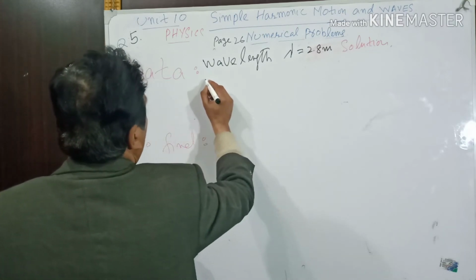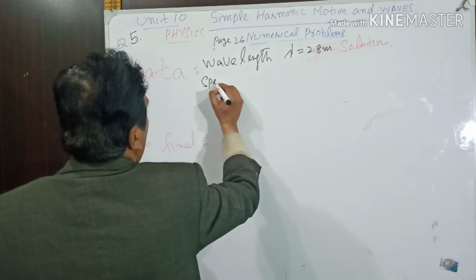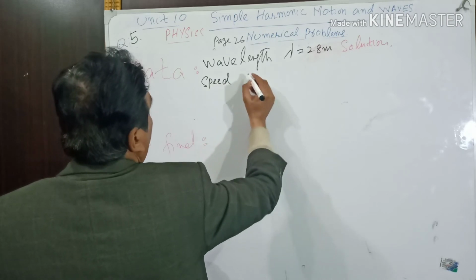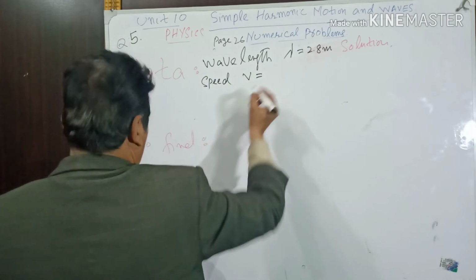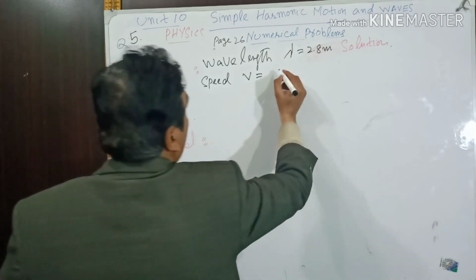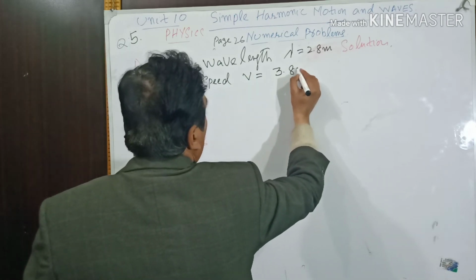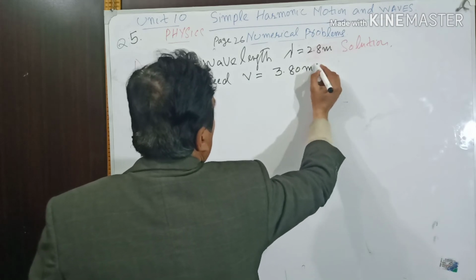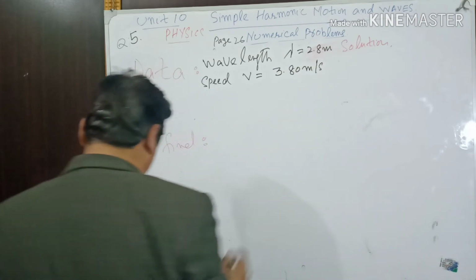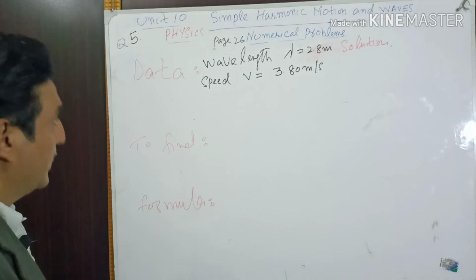Speed V is equal to 3.80 meter per second. What is the frequency?